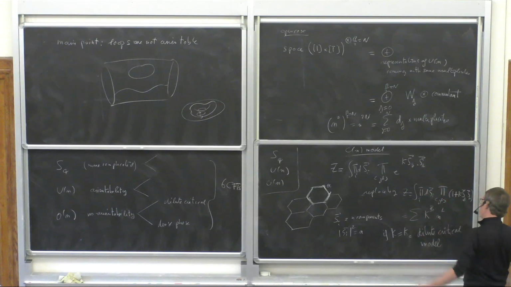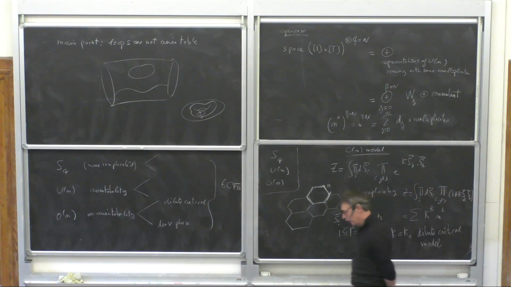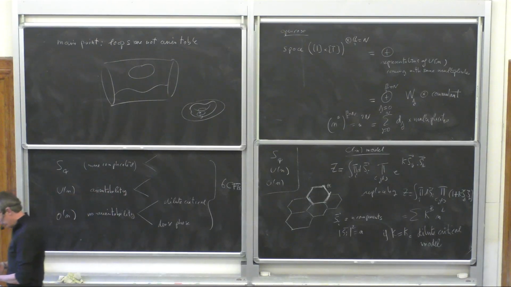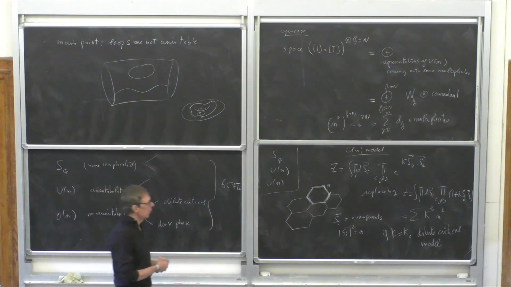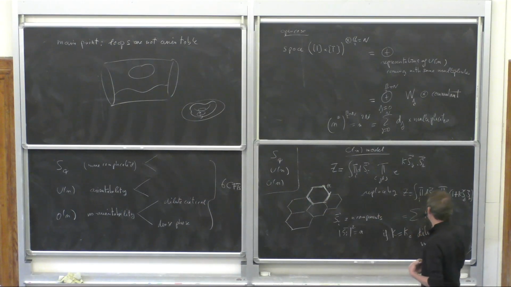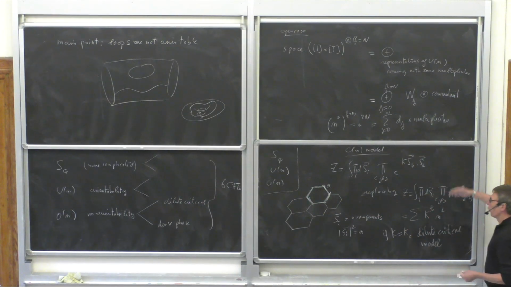All this business should not make us forget basic ideas of physics. One of them is, why would we have a phase transition in the ON model? I've told you for n equals 1, the phase transition we were talking about is the transition between ordered and disordered.